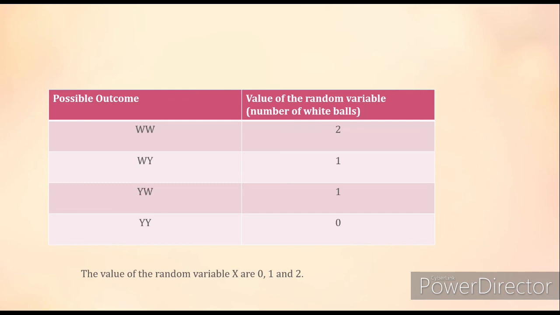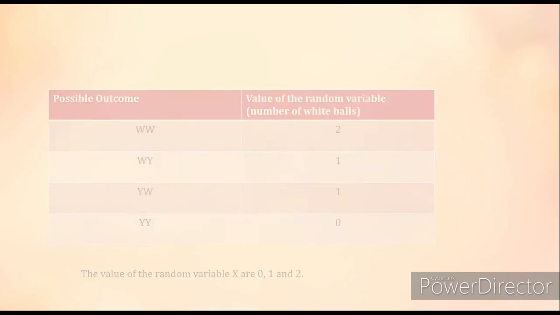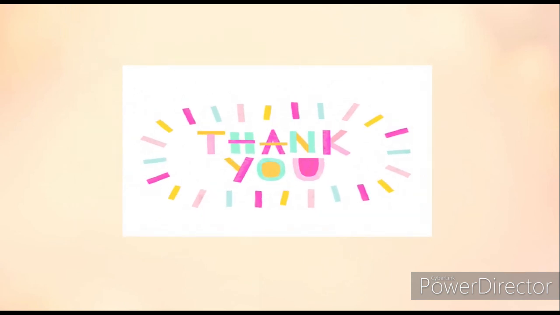In white, yellow, and yellow, white, the value of the random variable, or the number of white balls, is 1. In the next outcome, yellow, yellow, there is no white ball, so the value of the random variable is 0. To summarize, the values of the random variable X are 0, 1, and 2. That would be all for today.